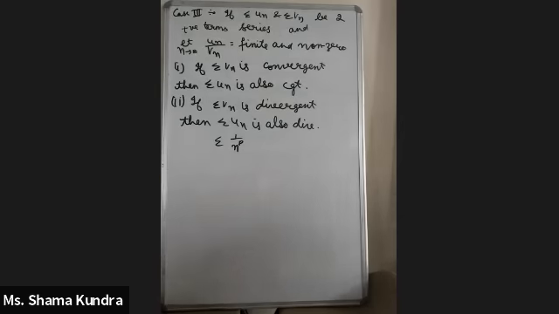We know by the p test, if p is greater than 1, then Vn is convergent, and so Un will also be convergent. And if p is less than or equal to 1, then series Vn is divergent, so Un will automatically be divergent.